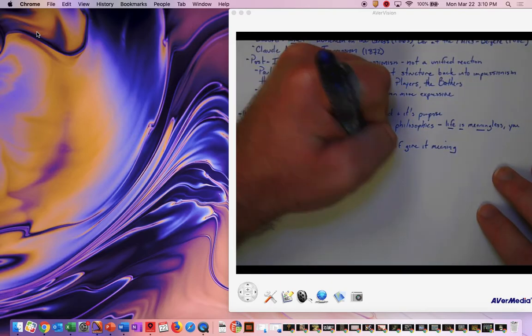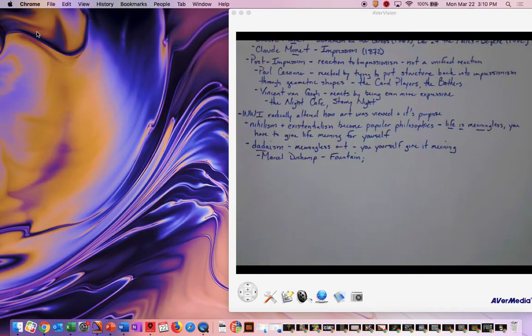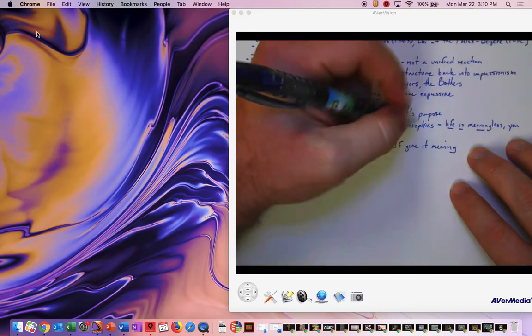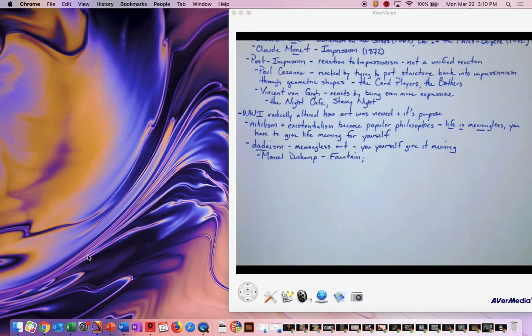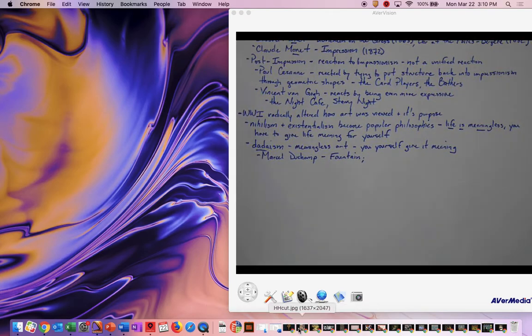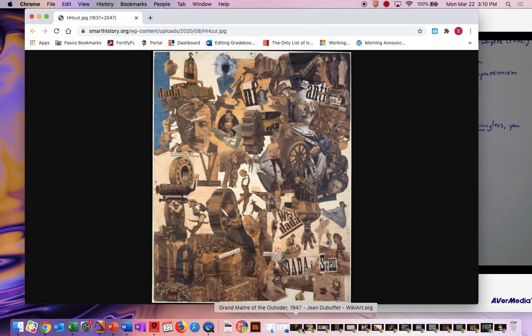Another really important genre or medium of Dadaist art was in collage. And here is a Dadaist collage. It's just a bunch of pictures that were cut out of magazines and put together.